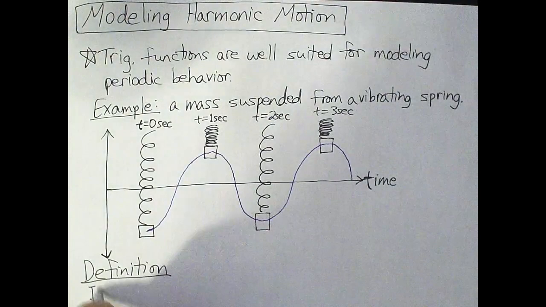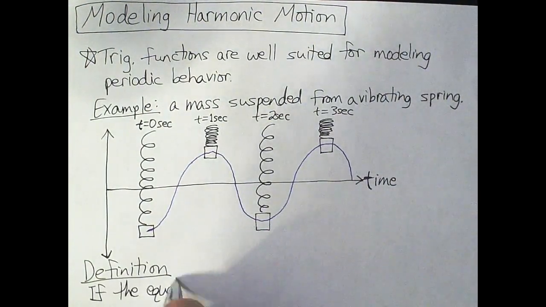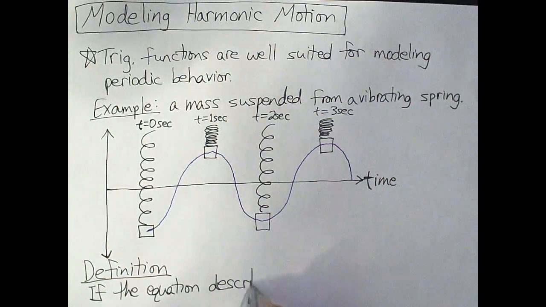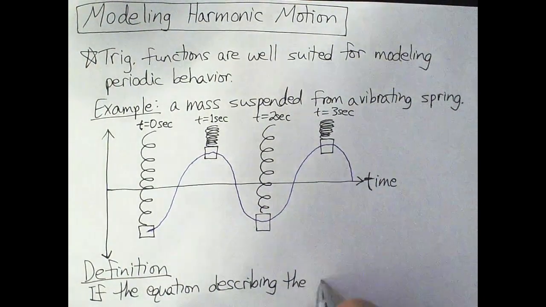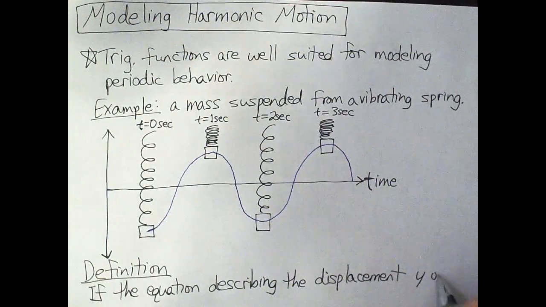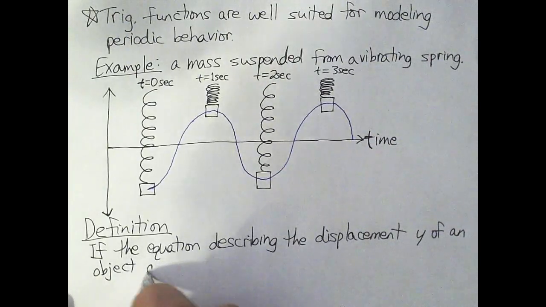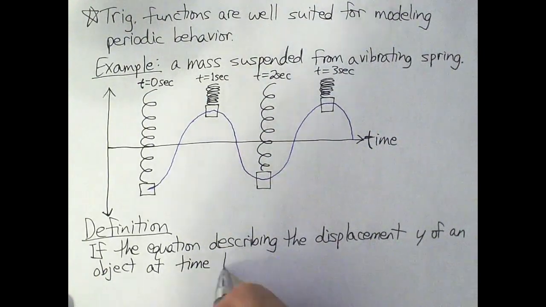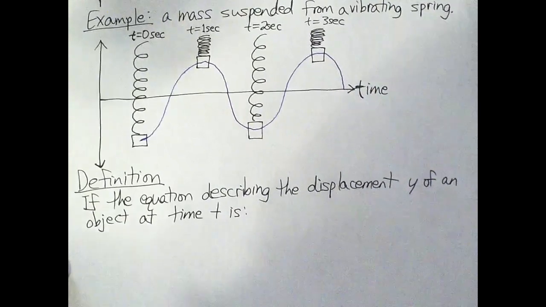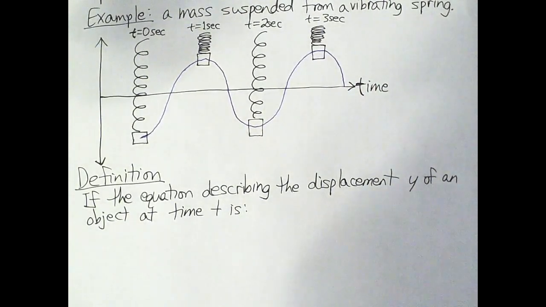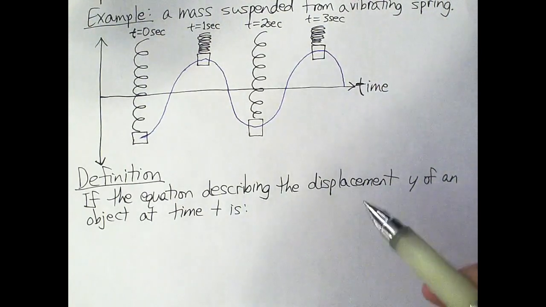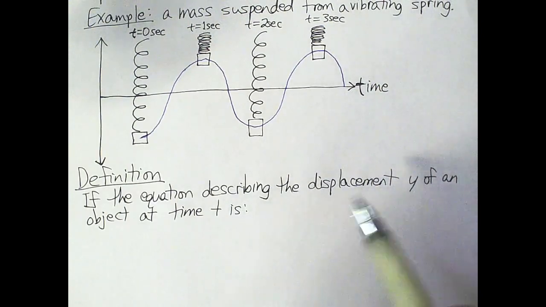So, definition: if the equation describing the displacement y of an object at time t is... By the way, displacement just means the location of the object. The location of an object. It could be the height.